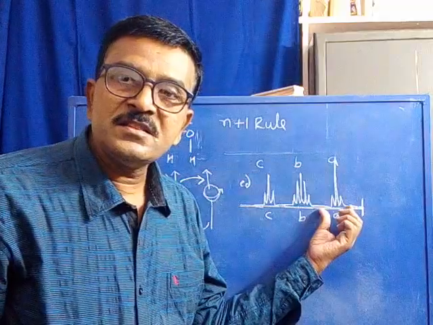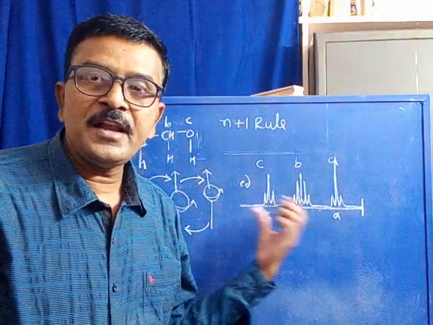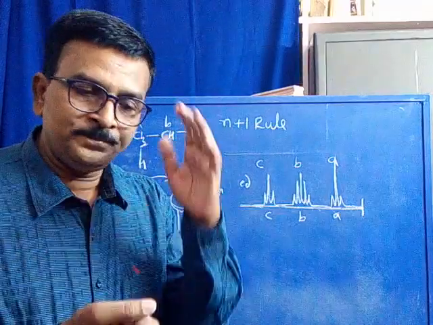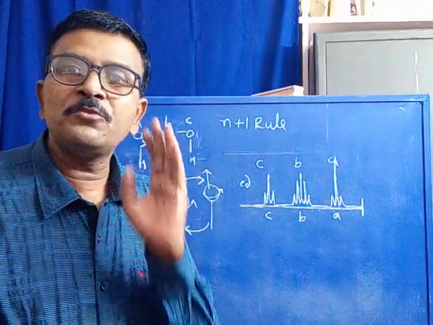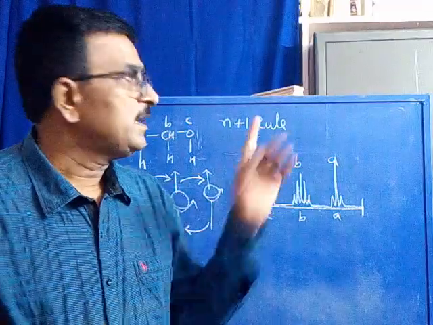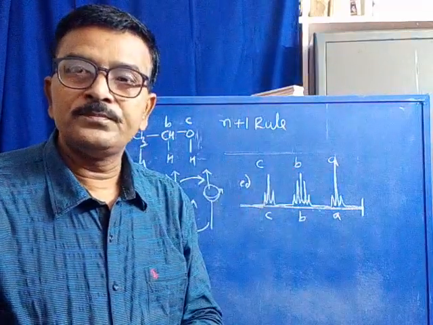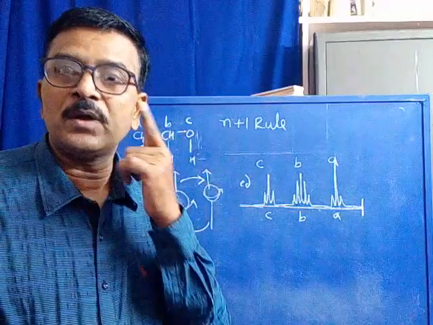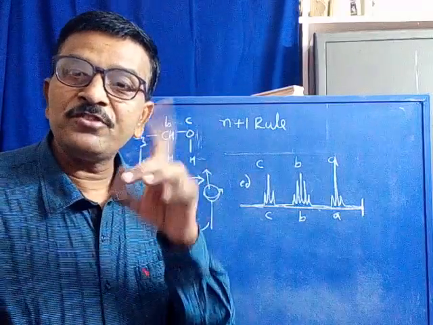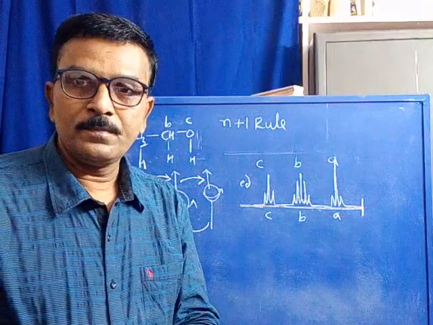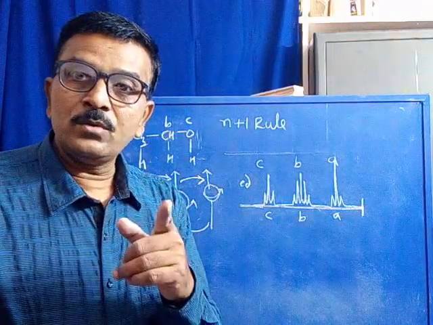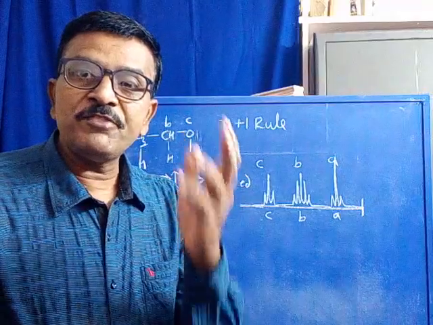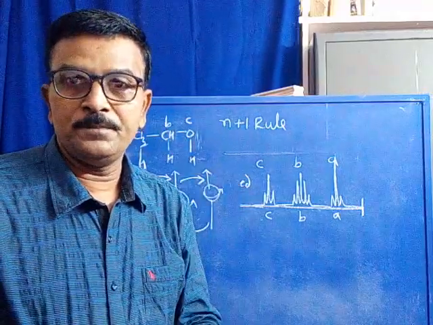The first consists of 3 lines, the second consists of 5 lines, the last one again consists of 3 lines. That is, the number of lines for a spin coupled proton signal is given by the n+1 rule, where n is equal to the number of adjacent protons to which the first set is coupled.